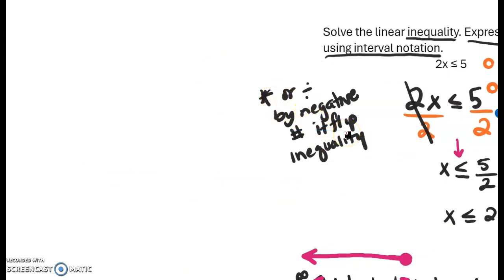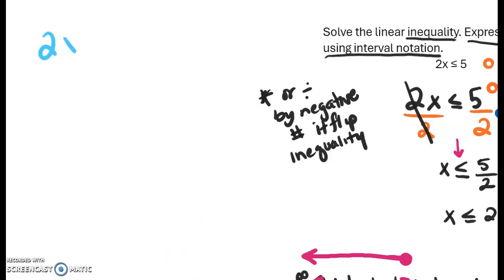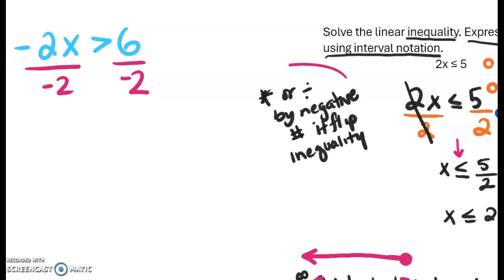So let's say that this problem was different. Let's say that we had the problem negative 2x is greater than 6. And I go to solve this problem. Well, I want to isolate the x. So I divide both sides by negative 2. And this is when this comes into play here.